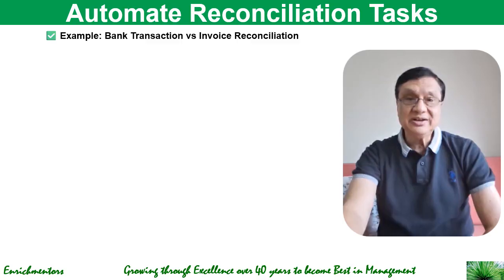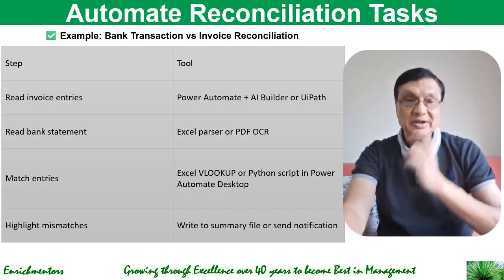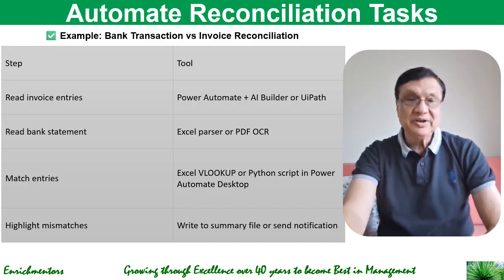Let's take a look at another example, bank reconciliation versus invoice reconciliation, in which the first step is to read the invoice entries using tools like Power Automate plus AI Builder or UiPath. Then you read the bank statement, right? The tool you use is an Excel parser or PDF OCR, and then you match entries in the bank reconciliation.